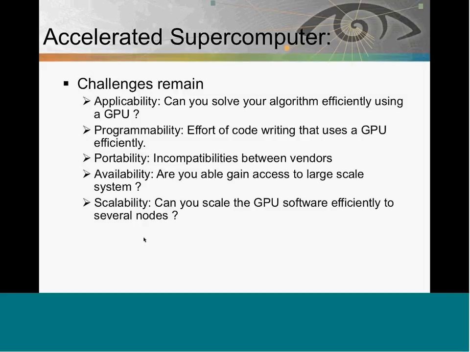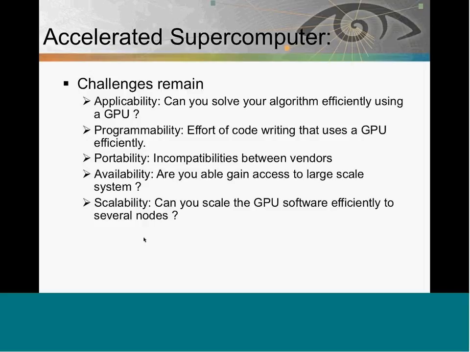And so the challenges still remain. Applicability: can you solve your algorithms efficiently using GPUs? Programmability: the effort for writing that. There are also variabilities, and access to the latest systems.